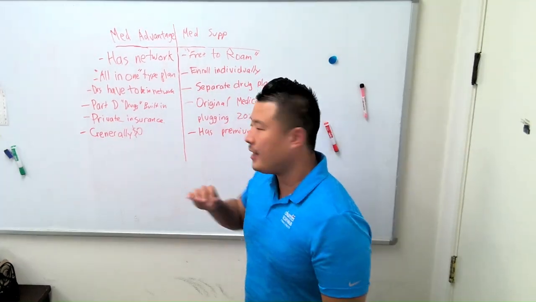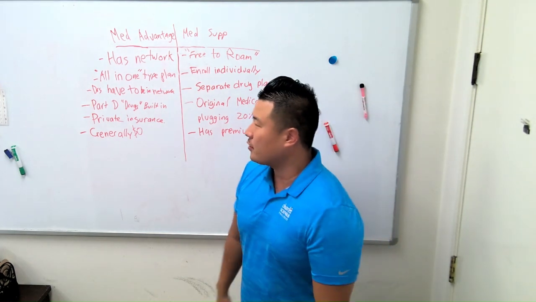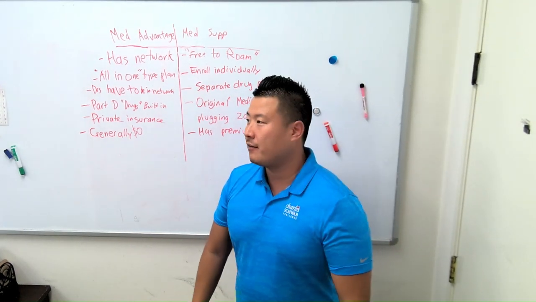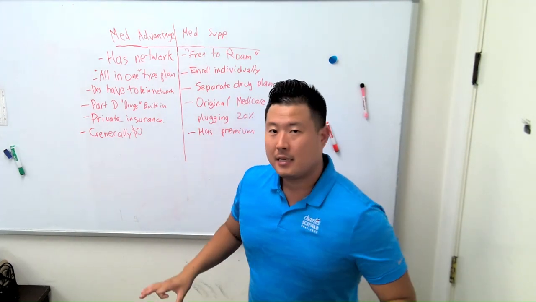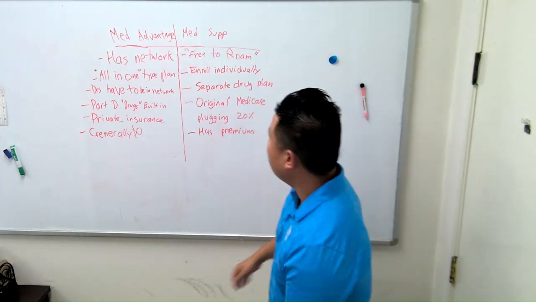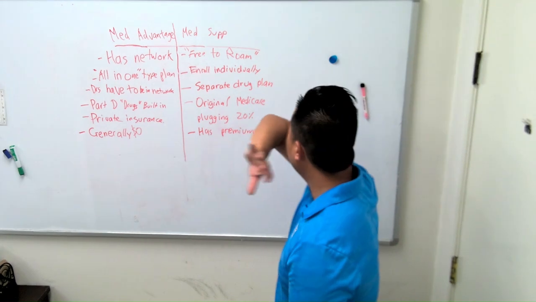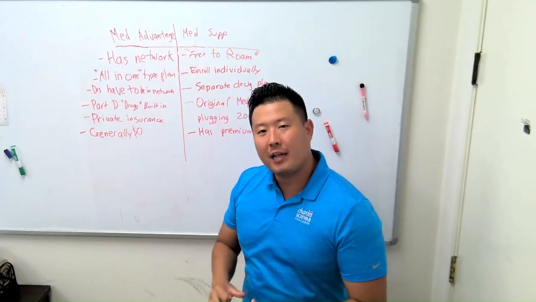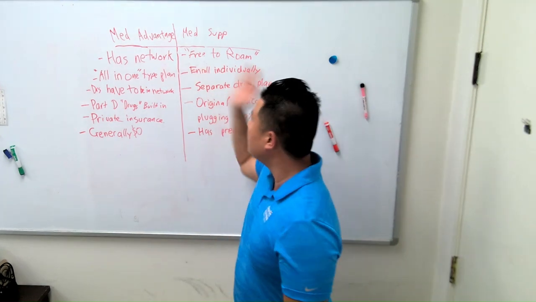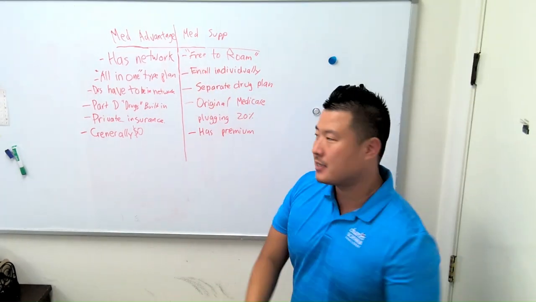So once you get that done, of course you're going to find out if they have some kind of Medicare A and B, and that's going to be the basis for any Medicare policy, be it a Medicare Advantage plan, be it a Medicare supplement plan. You would need that A and B in place in order for you to enroll them into one of these plans. That is a must.